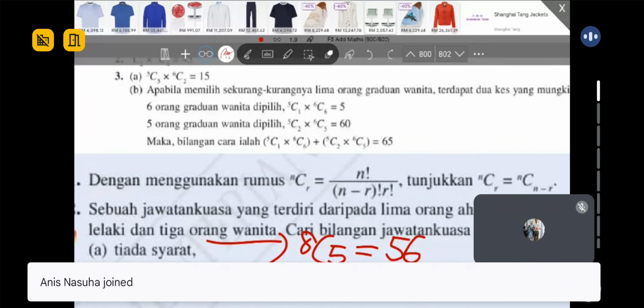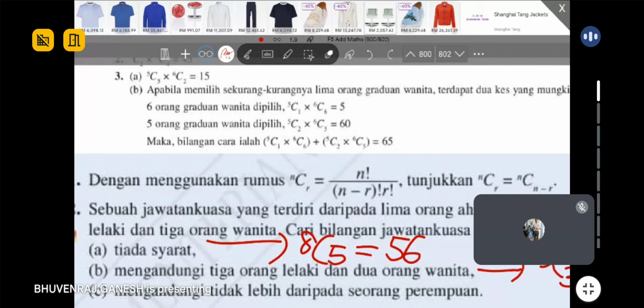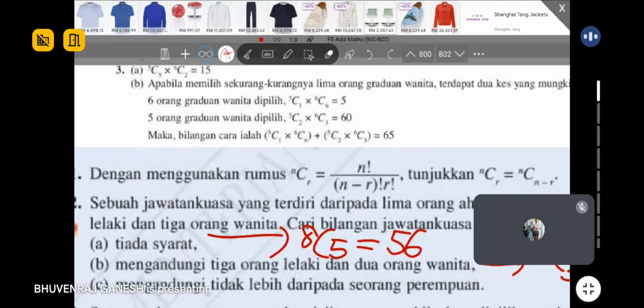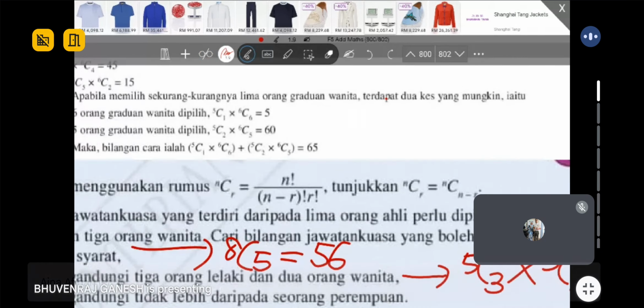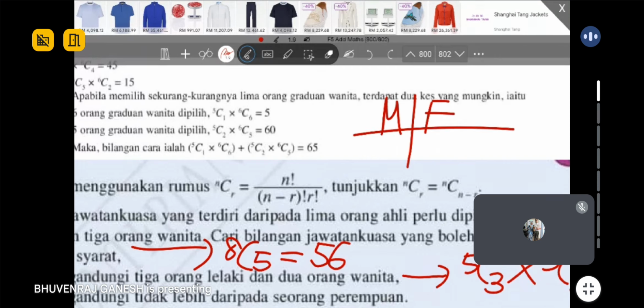Okay, part C guys. How many cases we have here? Berapa case kita ada? Mengandungi tidak lebih daripada seorang perempuan. Very good. 2 cases. Okay, so you can draw the table again. Male, female. Okay, you must understand the words, guys. Not more than 1 female.